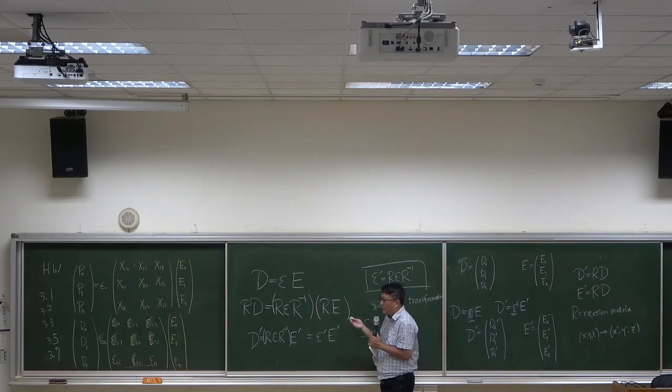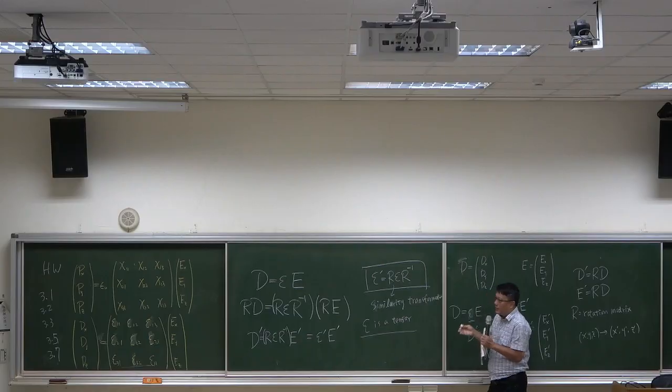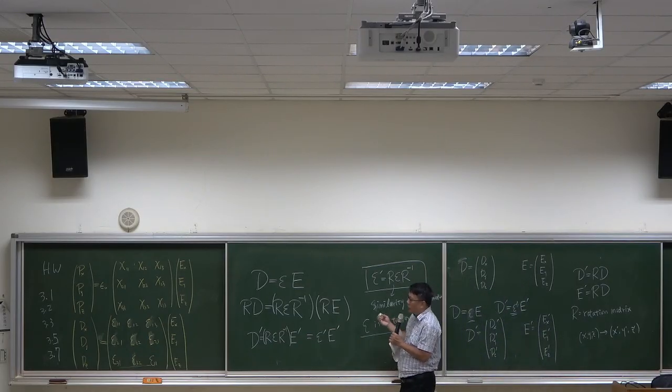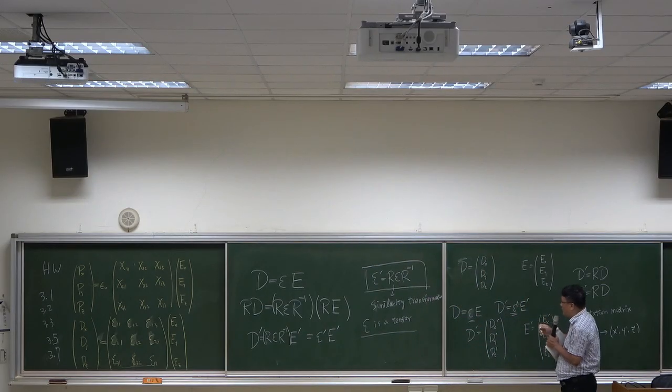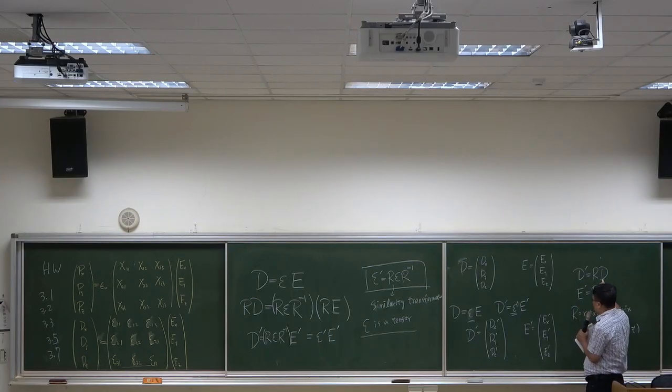Scalar is invariant under coordinate transformation. Then we have vector. Vector changes components according to certain rule. When we change our coordinate system from x, y, z to x prime, y prime, z prime, the rule is that we multiply the matrix R to the original vector. We get a new expression of this vector, okay?